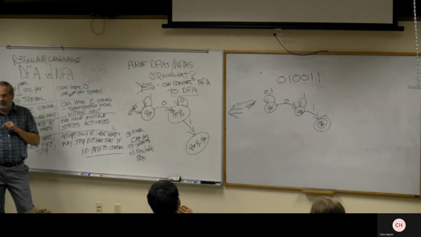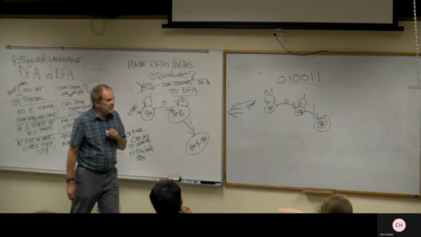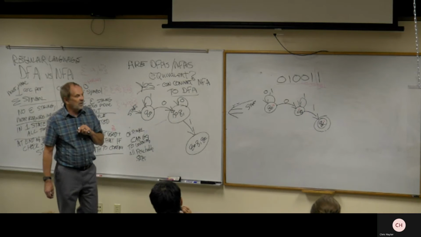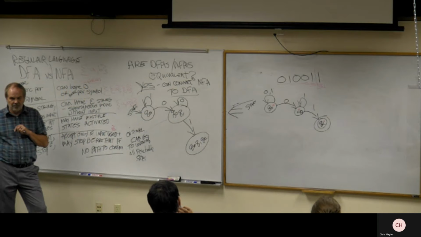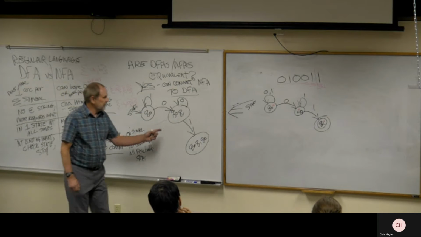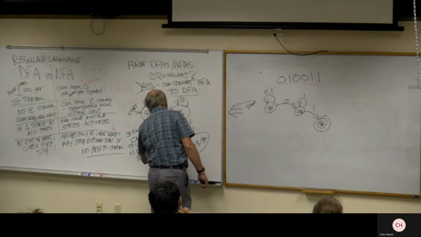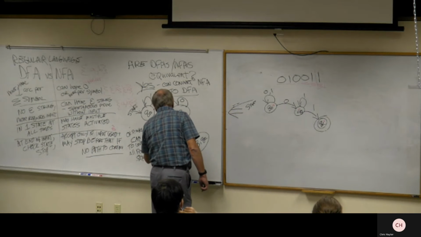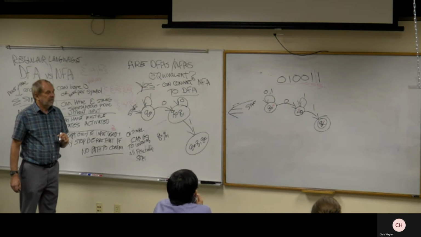Let's start with 0. If you're in all three of those states, Q0, Q1, and Q2, what are all the places you can go on a 0? Q0 will take me to Q0 and Q1, so I can start listing them here. If I'm in Q1 on a 0, I don't get any further.